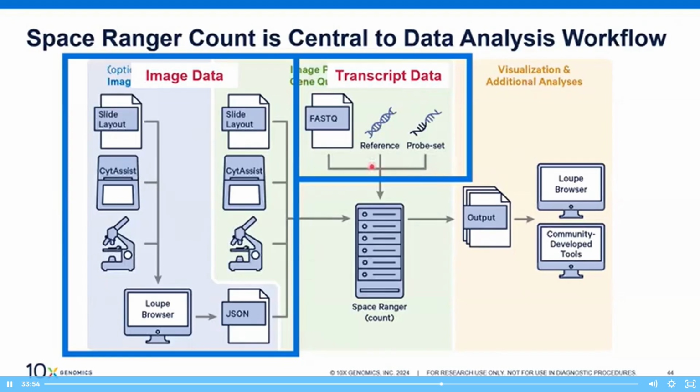All this is incorporated in the Space Ranger count pipeline. And this is why this is so central to your data analysis. The output then can be visualized in the Loupe Browser, or you can do an additional analysis with community developed tools. But this is a crucial output that you need to get on with your data.